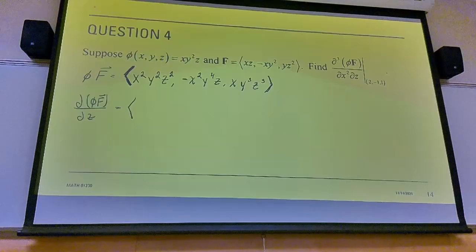What's that partial? Two x squared y squared z, negative x squared y to the 4th, 3x y cubed z squared.